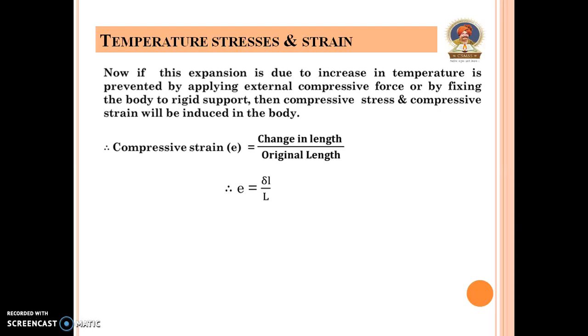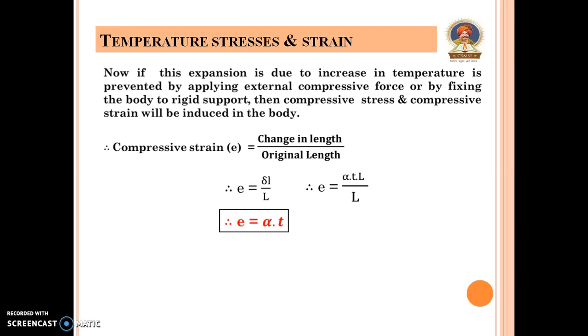Therefore, e is equal to delta L upon L. We know that delta L is equal to alpha into T into L. Therefore, the equation becomes e is equal to alpha T L upon L. Now, compressive strain is equal to alpha into T.